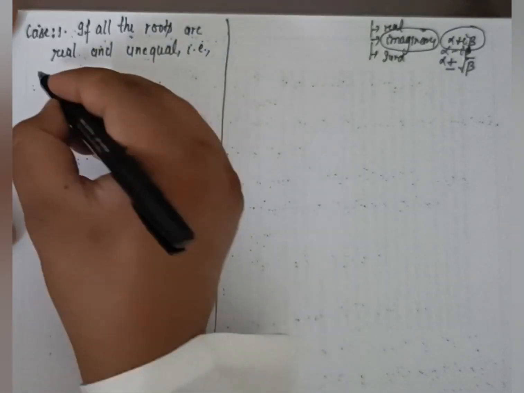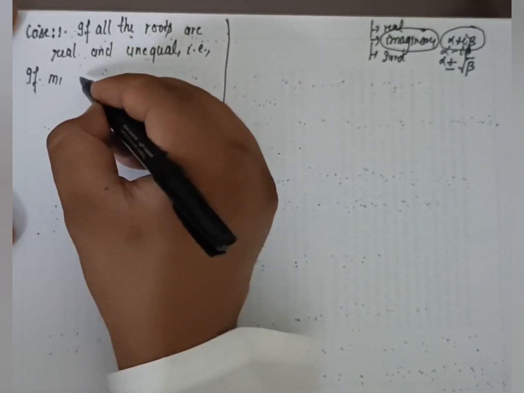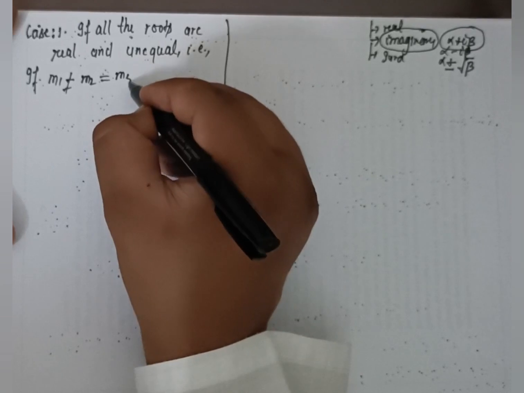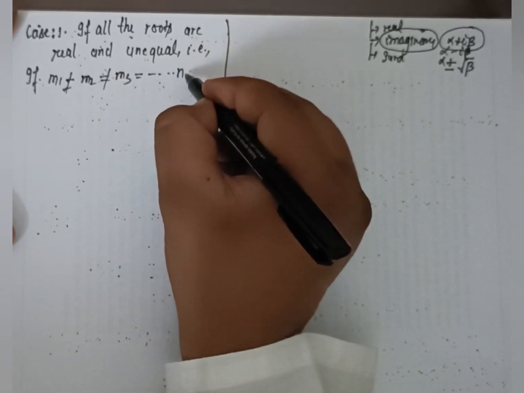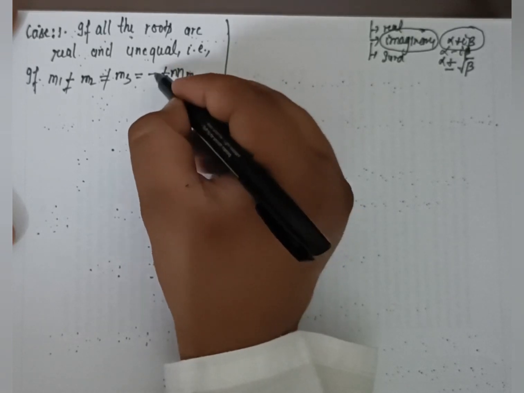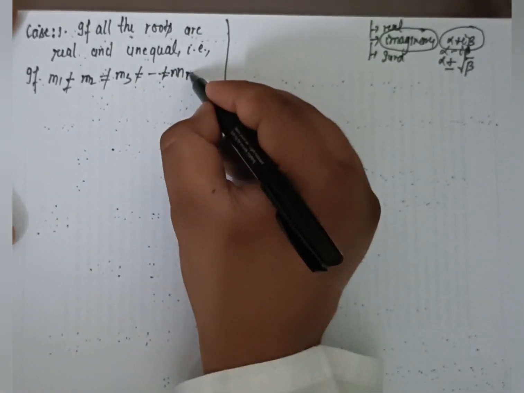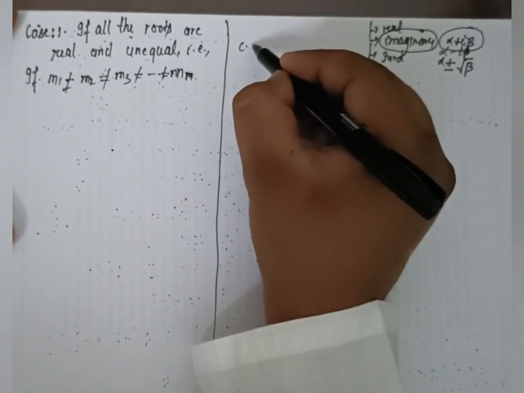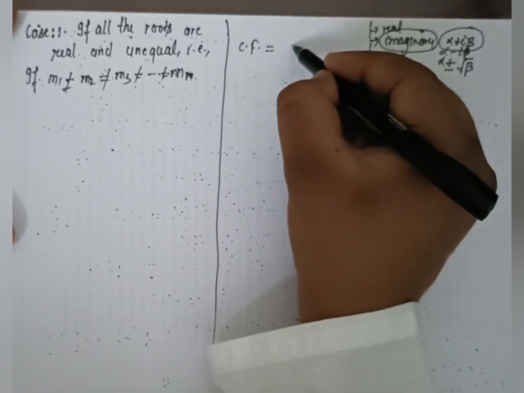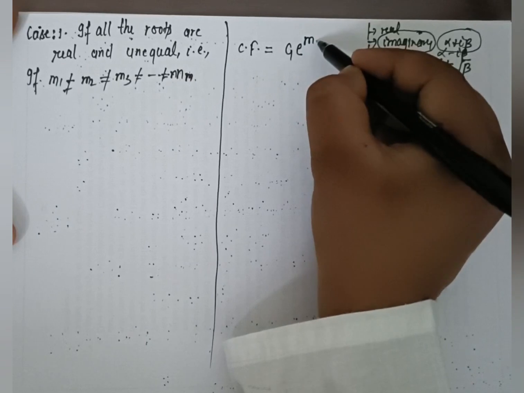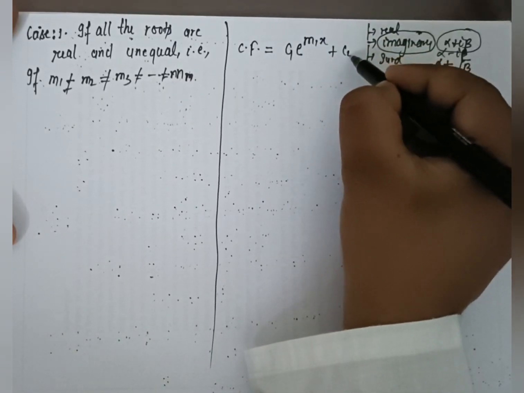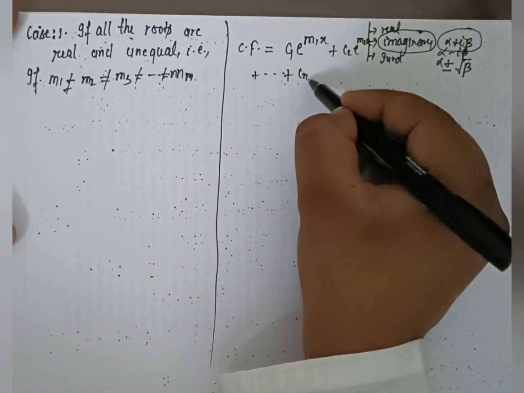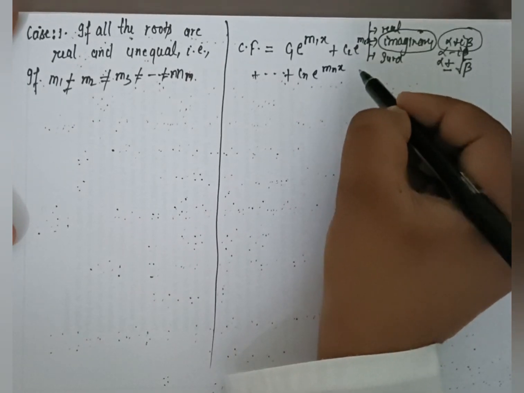If m1, m2, m3 and so on up to mn are the roots, and these roots are unequal and real, then the complementary function CF is equal to C1 e to the power m1x plus C2 e to the power m2x plus dot dot dot plus Cn e to the power mnx.